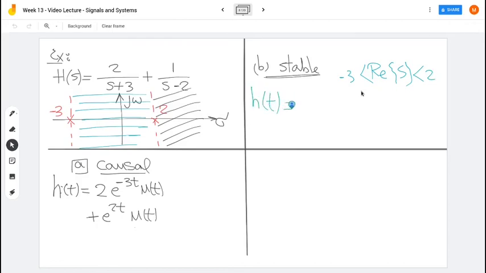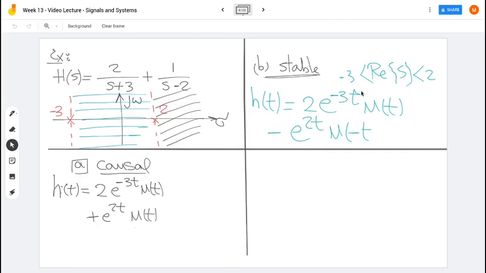So the first term we have is 2 over s plus 3. The pole is located at minus 3 and the ROC is right-sided, so we'll be having 2 e to the minus 3t u of t, which is a right-sided decaying exponential. And the second term is 1 over s minus 2. The pole here is located at 2, which means the ROC we're solving for is left-sided, so we'll be having minus e to the power 2t u of minus t.